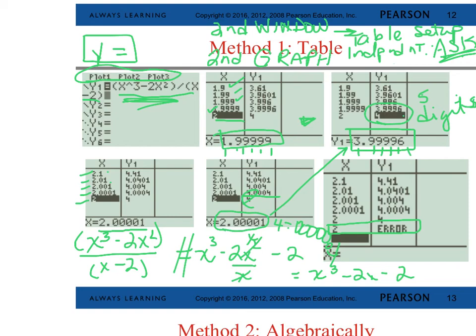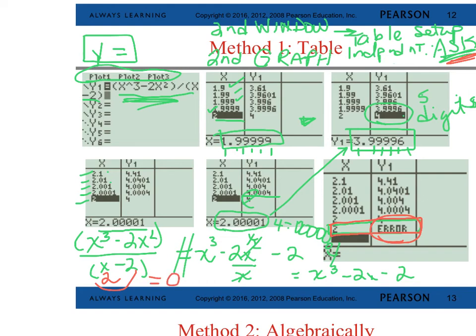Now, the last thing I actually did was I really did enter the number 2. This is very important that I want you to see why I did this. I actually entered the number 2 into that table. The fact that I put the ask lets me plug in the values, so that's how I'm able to plug these in. Notice here when I entered in the number 2, I got an error. The reason I got an error is if I let x be 2, then 2 minus 2 is equal to 0.